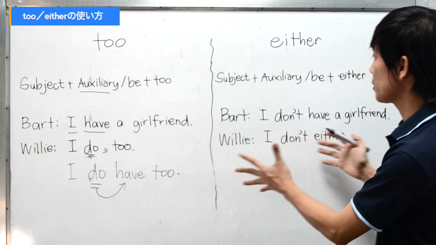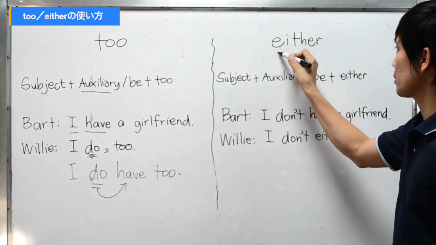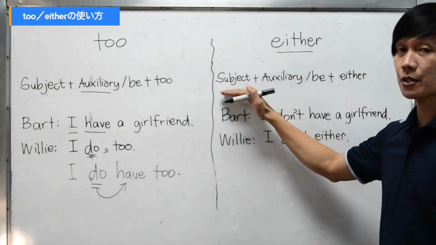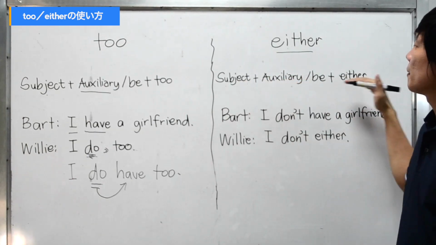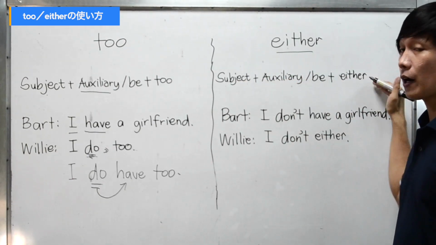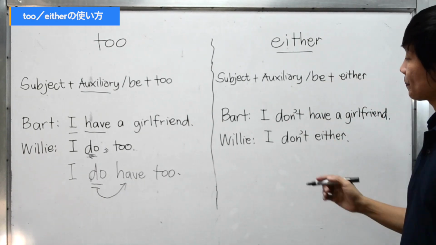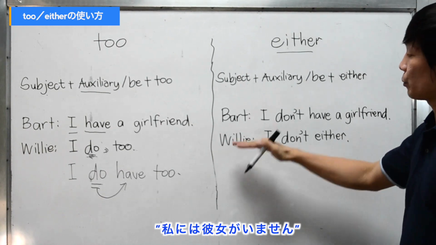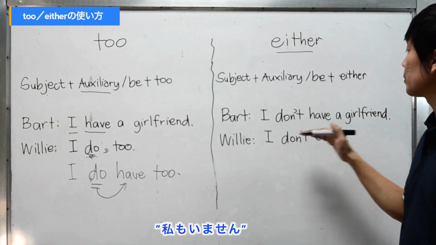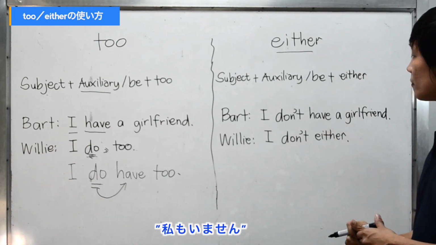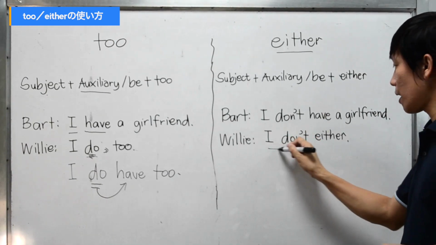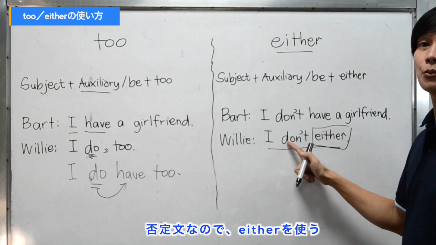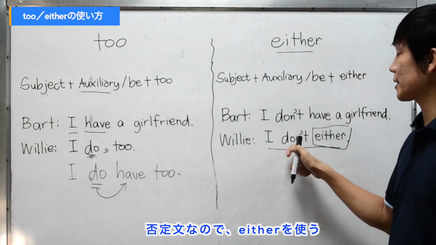Now let's proceed here, using either. So the same thing, structure is subject plus auxiliary plus either. If Bart had said, I don't have a girlfriend, and Willie would agree, I don't either. So this response is used because we are using the negative statement.